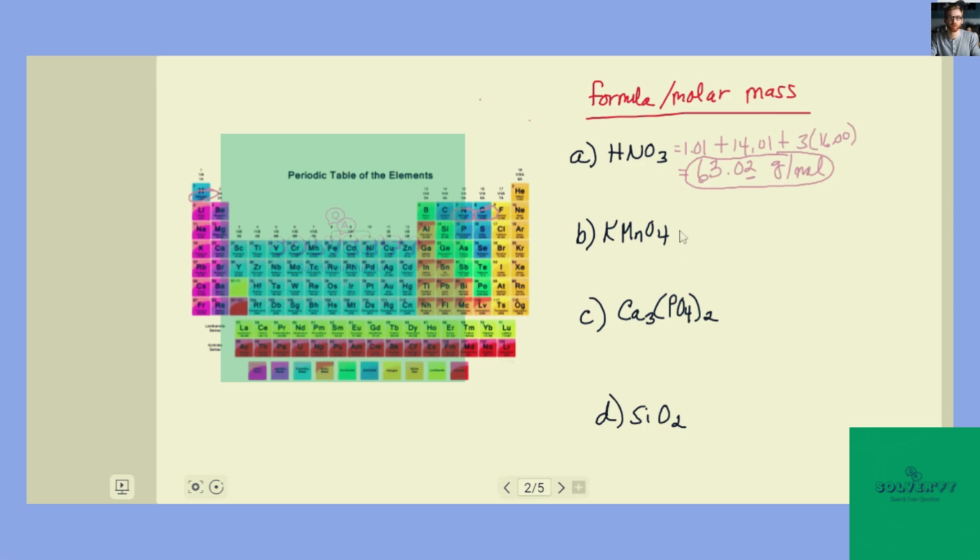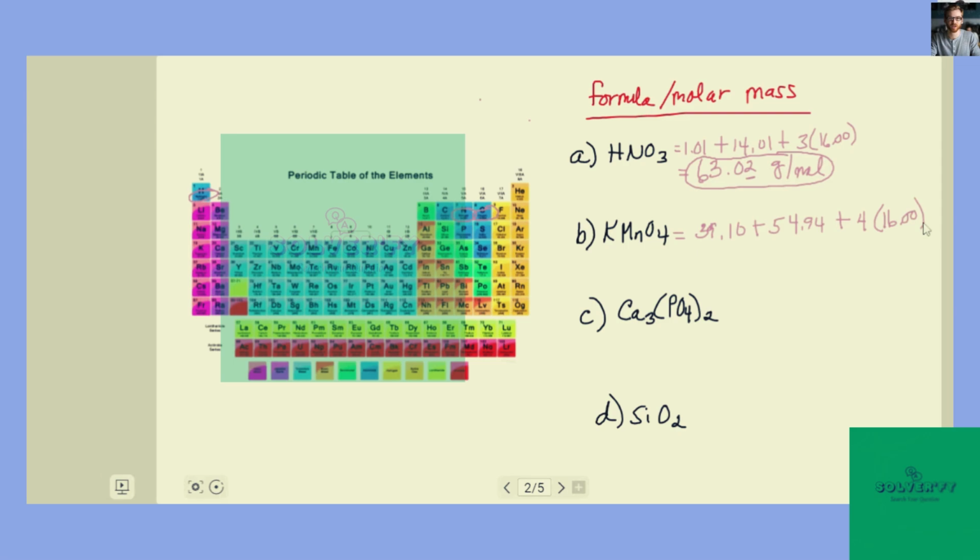We'll do the same thing with the potassium permanganate here. So looking up potassium, we find that it's 39.10 grams per mole. For manganese, in the center of the periodic table, that's going to be 54.94. And then again, notice we have multiple oxygens, 4 of them in the formula.